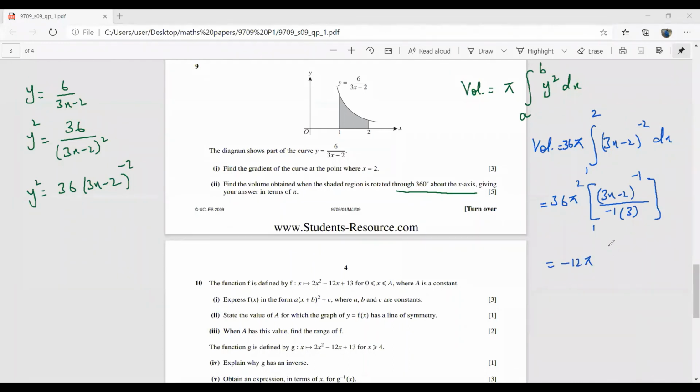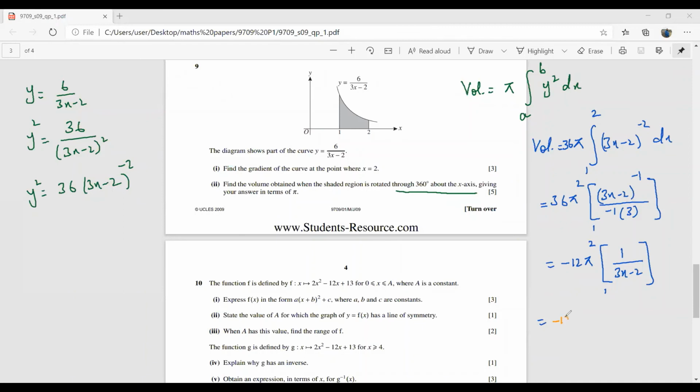So you should simplify this as much as you can. This is limit from 1 to 2. And I'm left with 1 over 3x minus 2 over here. Now I'll be applying the limits into this. ठीक है बच्चों? I hope you're with me.